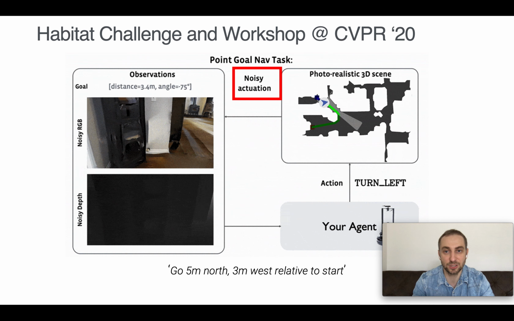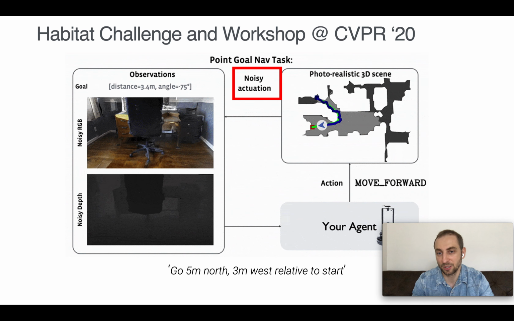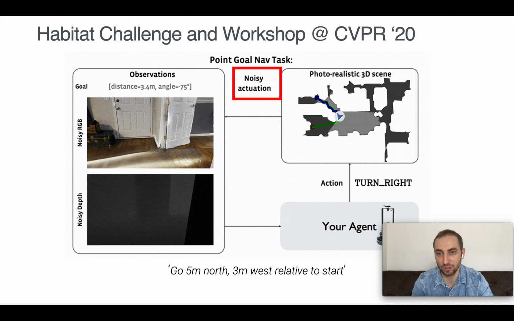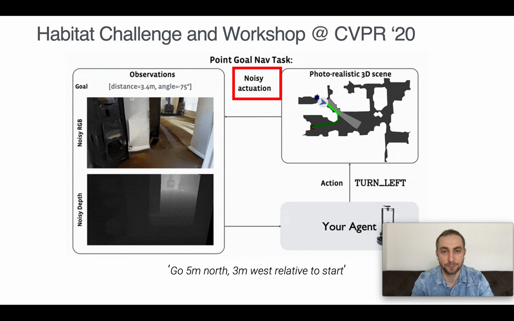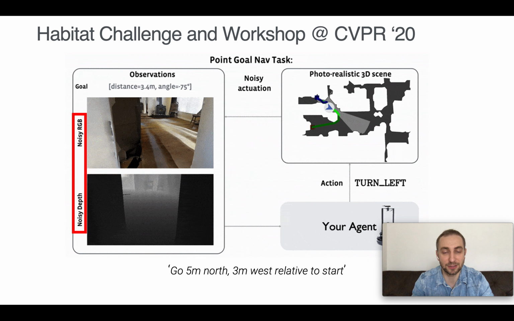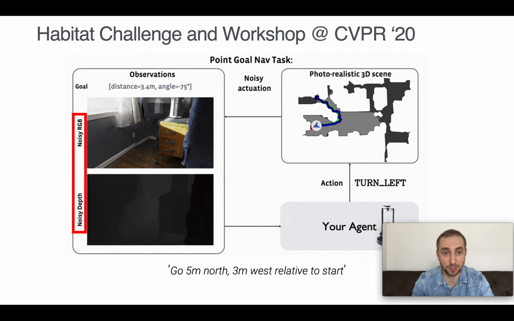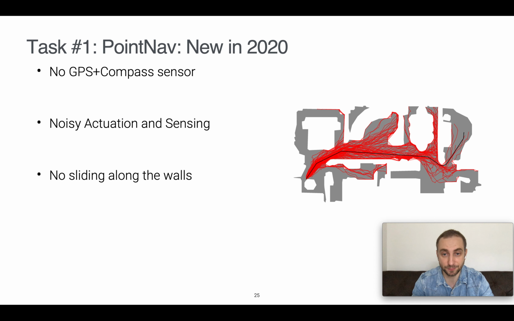Noisy actuations. As you see, the trajectory is far from straight, and even with rotation, your agent can change position. Then we have noisy RGB and depth that makes projection and building a map pretty difficult.